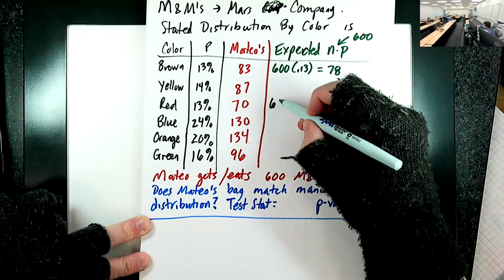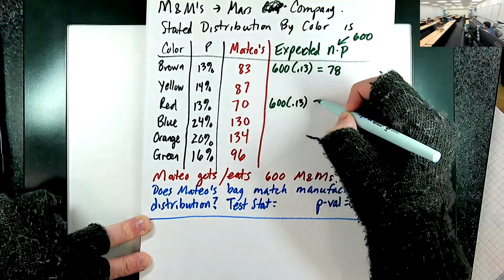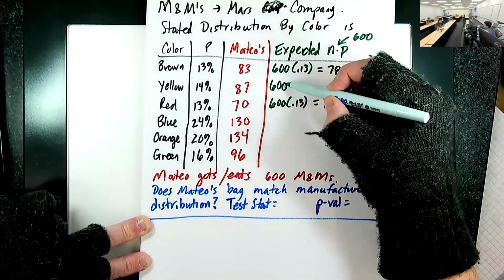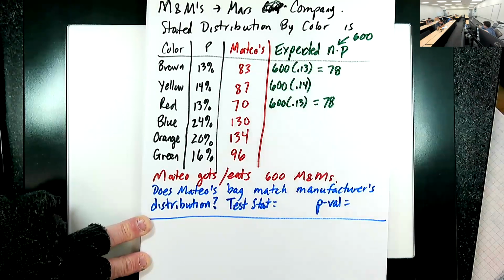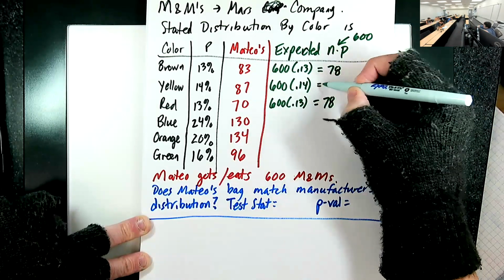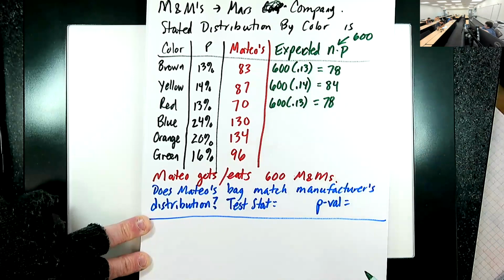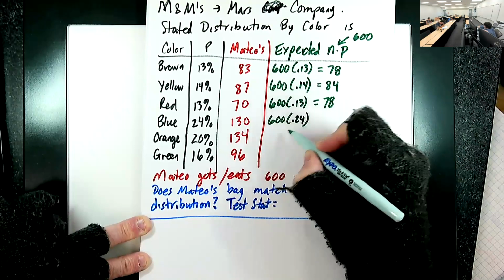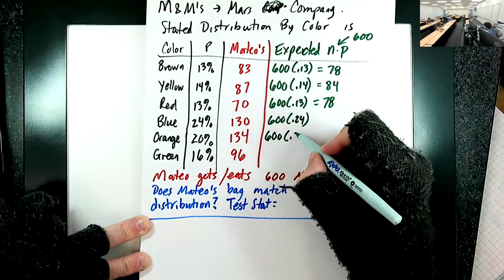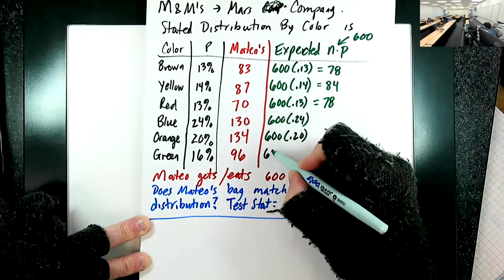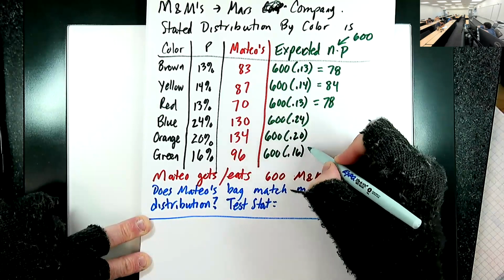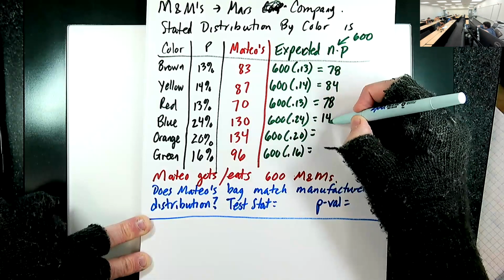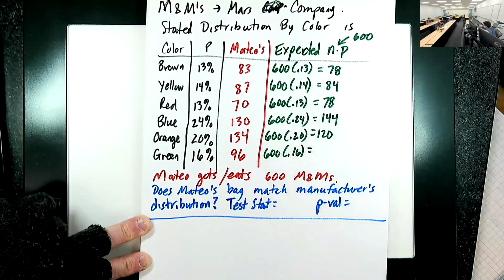That's the same for red, because they have the same percentage. Yellow is 600 times 0.14, and it's 84. We go through and do all these calculations. We get 144, 120, and 96.